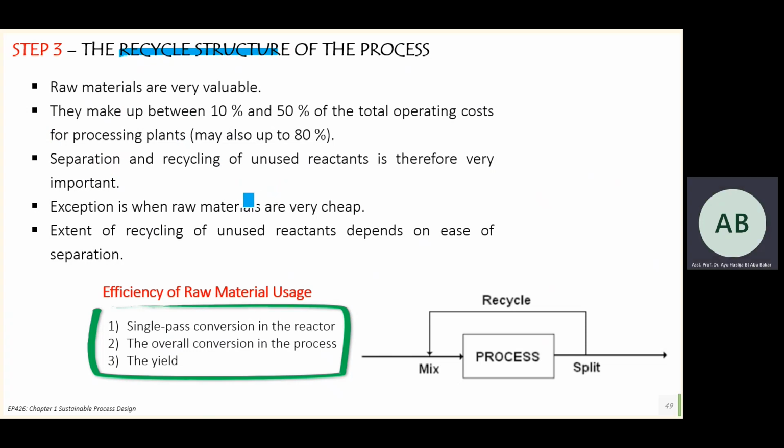Since the raw materials are valuable, unless your raw material is cheap, like oxygen, which you can just get from the air, that one no need to recycle, right? But if your raw material is like ethylene, you need to buy it, so consider recycling if you have excess ethylene.